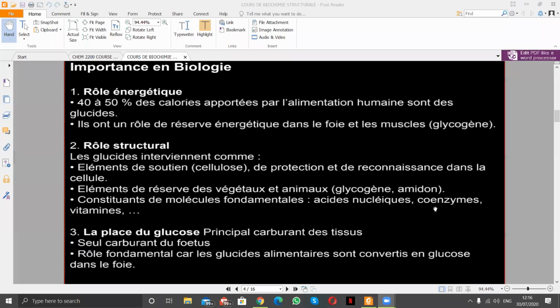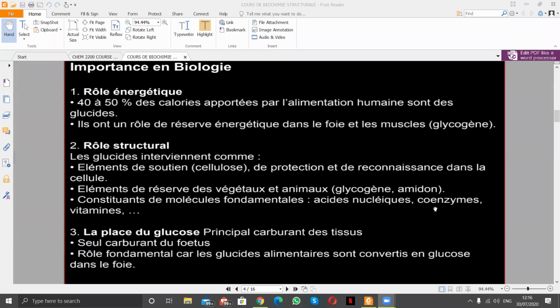Then we come to the distribution and role of carbohydrates in nature, or importance of these carbohydrates. They play three major roles.